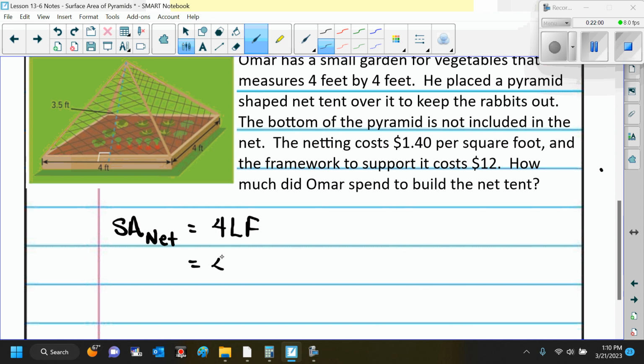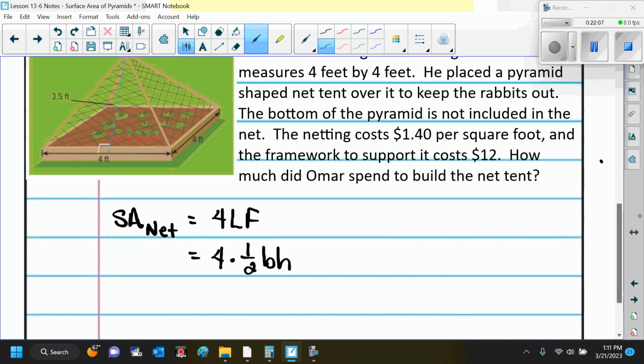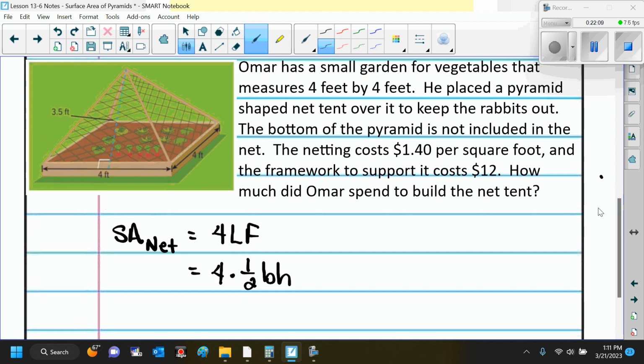So this is going to be 4 times 1/2 base times height. So for the base, let's just mark it. The base is 4 feet. And the height of this triangle, or the slant height, is 3.5. So that's what we're going to substitute into our formula.